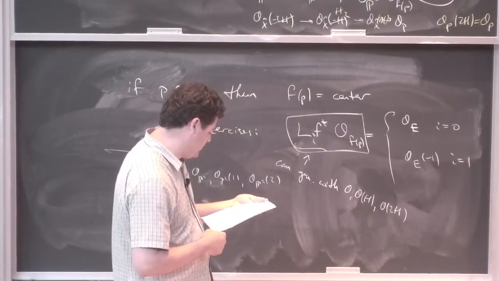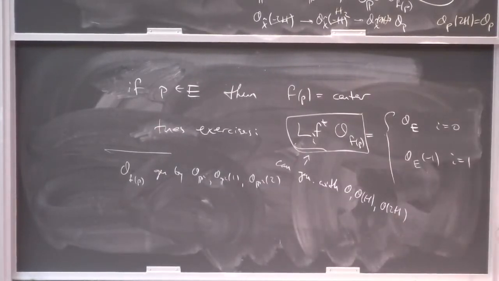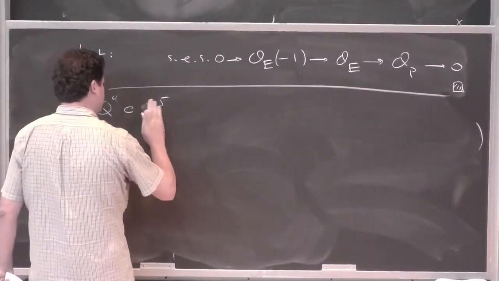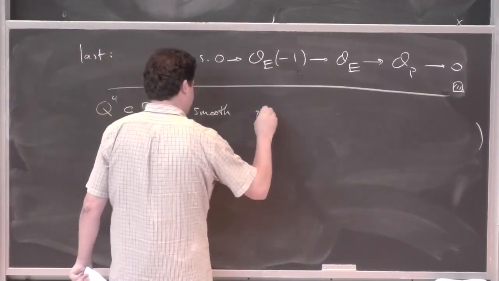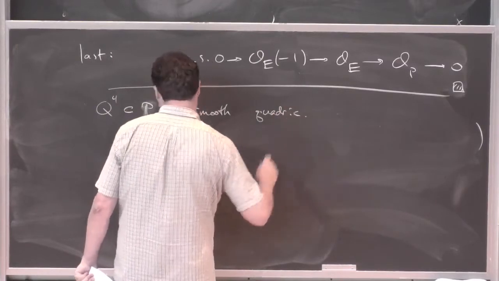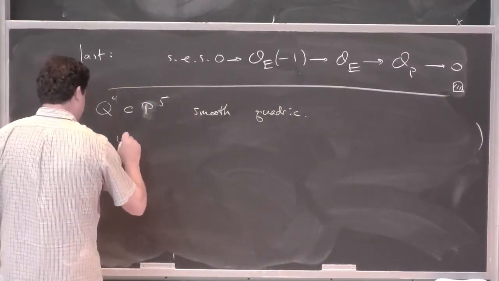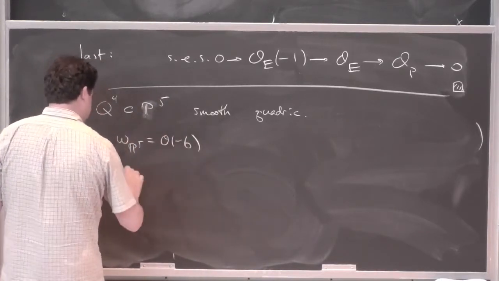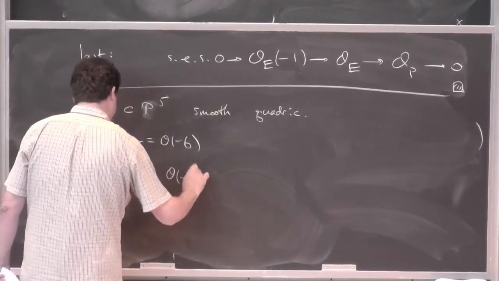Let's see an exceptional collection that is not full, right? So let's take a quadric fourfold in P5, a smooth quadric. And we know, so the canonical bundle, omega P5 is O minus 6. So omega Q is O minus 4.